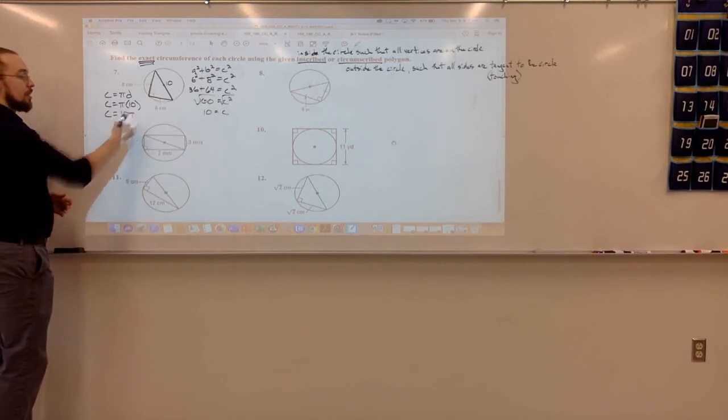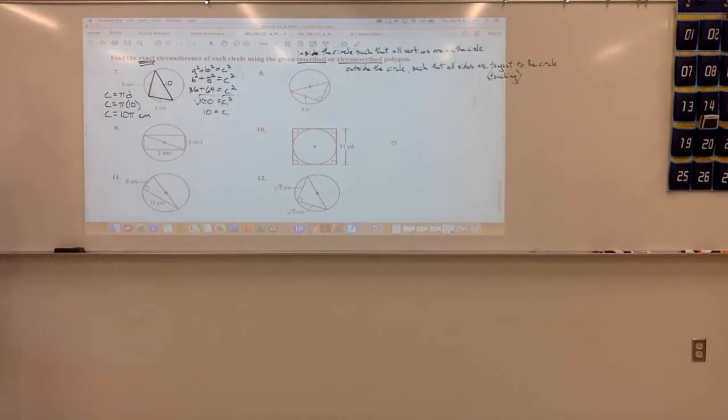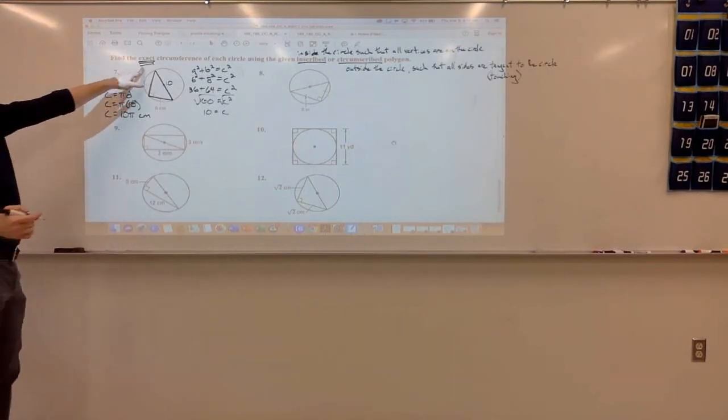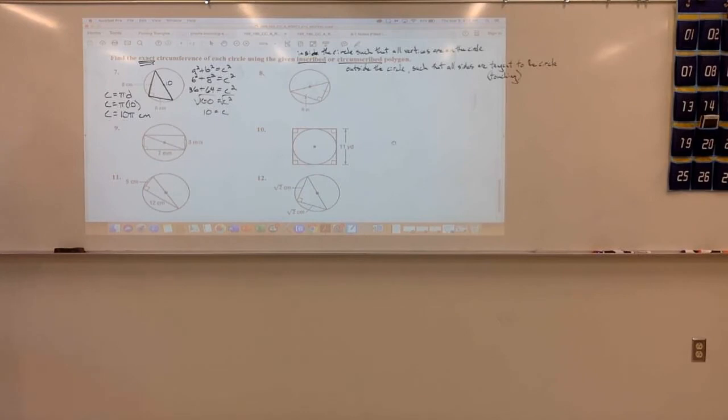So the circumference is 10 pi, and then we'll tack on our units of centimeters. If it says find the exact value, we don't have to put it in the calculator. We can just leave it in terms of pi. If we put it in the calculator, it's no longer exact. We're getting a decimal approximation. If you do plug this in the calculator and round to the nearest hundredth, it would be 31.42 centimeters.